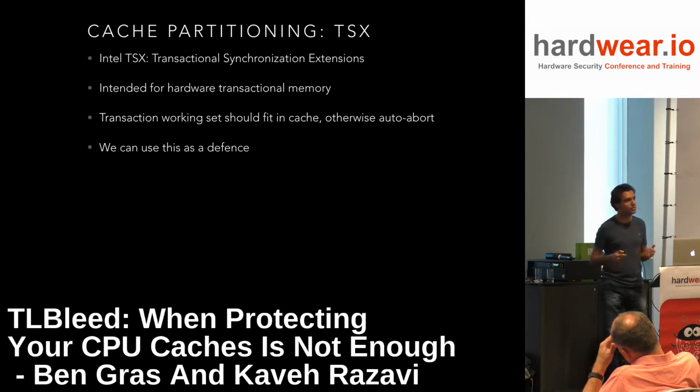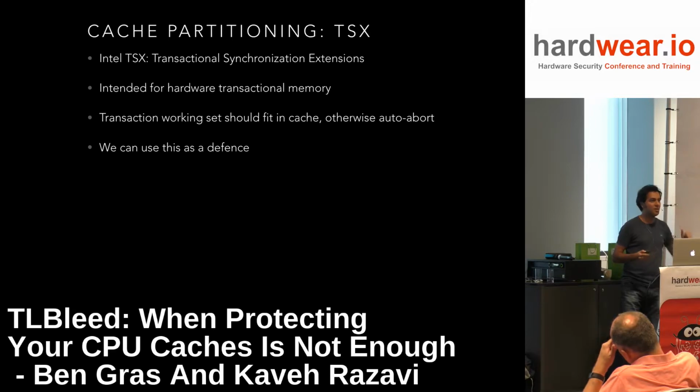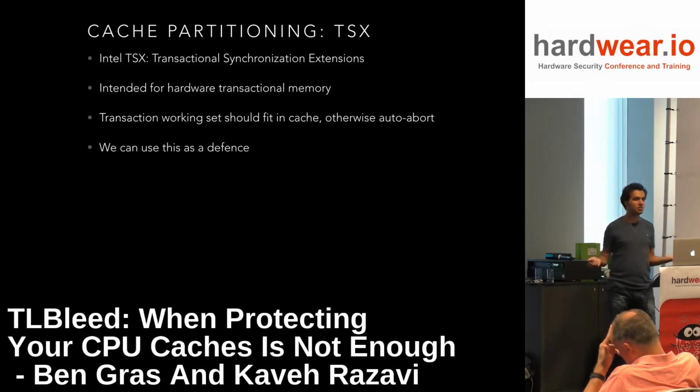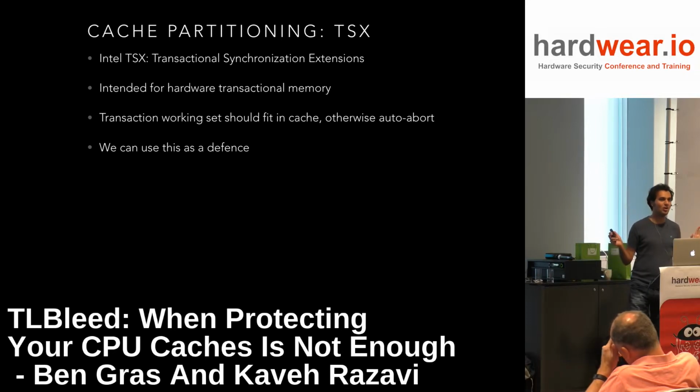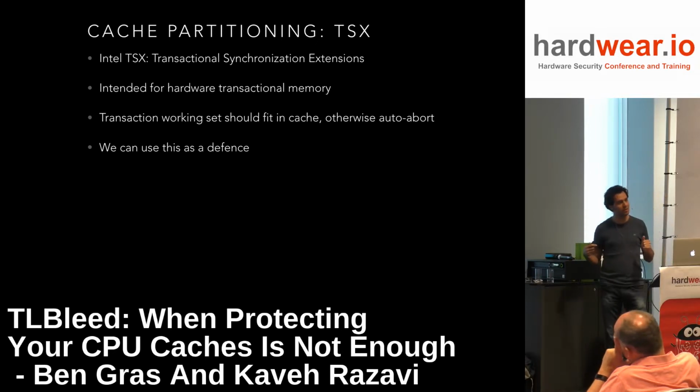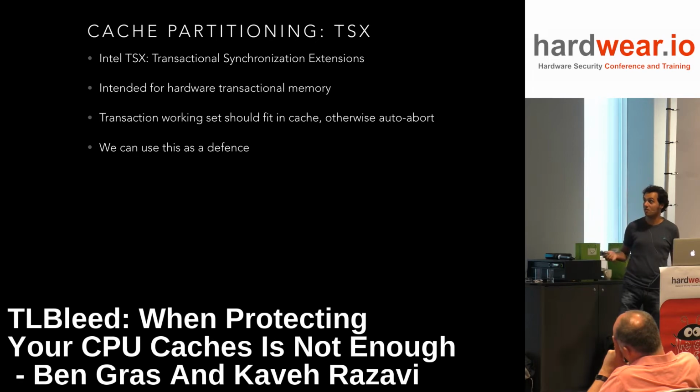You could also use this principle to build your defense, right? Because the attacker, remember, needs to flush parts of your cache. If you see that you're getting an abort because of this, it signals that there may be something fishy going on. So you could use this to detect that there is an ongoing attack. So we can use this as a defense.